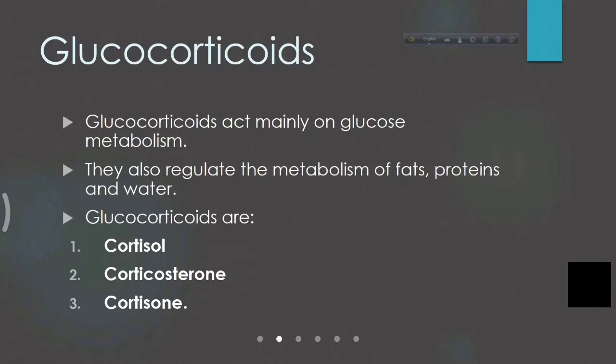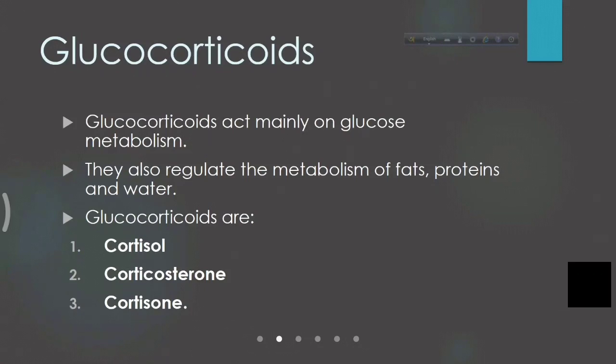This does not mean that they do not have metabolic activities of other nutrients or effects on the concentration of electrolytes. Glucocorticoids being steroids, they also have a small amount of mineralocorticoid activity. But their main effect is on metabolism of carbohydrate and to a lesser extent, metabolism of fat and protein.